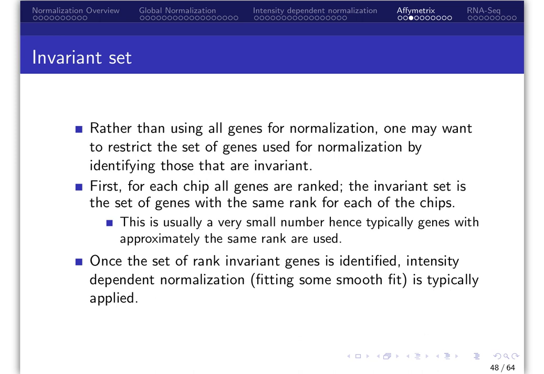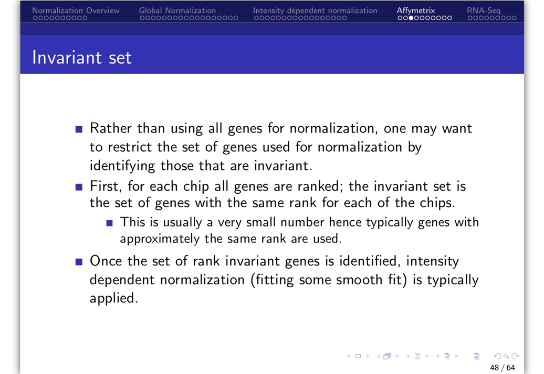Rather than using all genes for normalization, one may want to restrict the set of genes used for normalization by identifying those that are invariant. That is, perhaps the normalization relation should be based on non-differentially expressed genes. Since it is unknown which genes are non-differentially expressed, a heuristic method was developed for identifying an invariant set by Li and Wong in 2001 and was implemented in the dChip software.